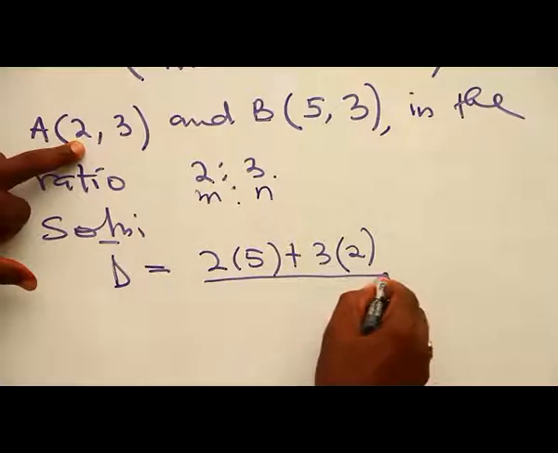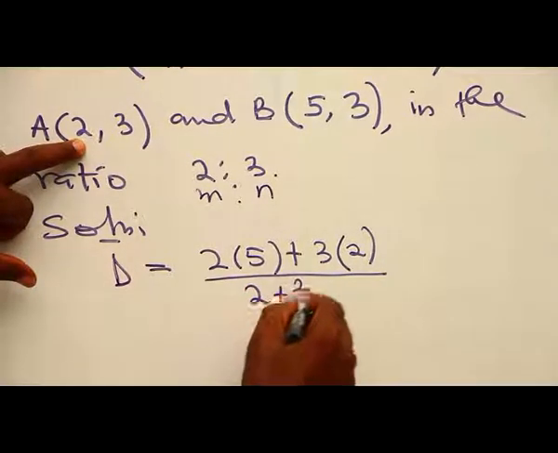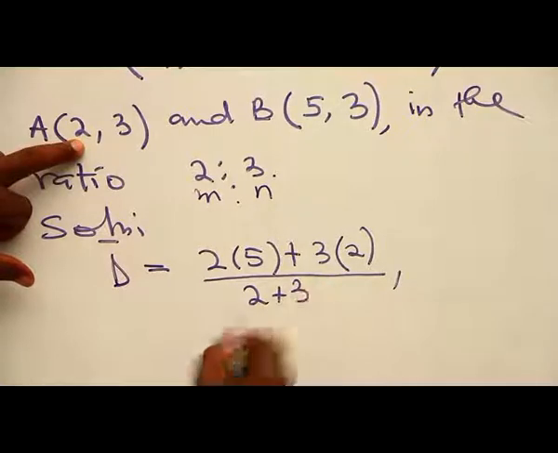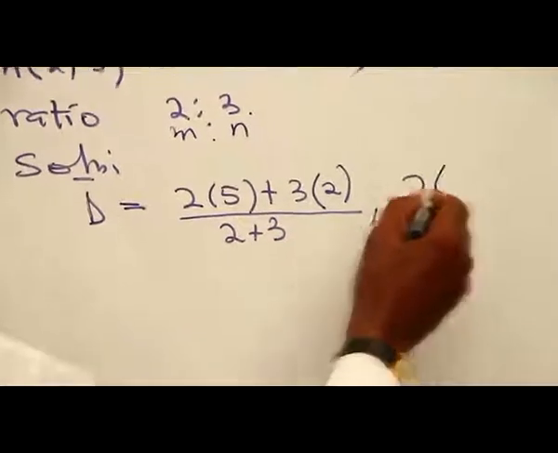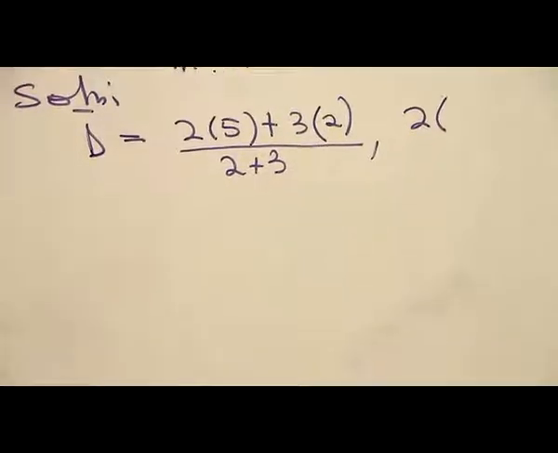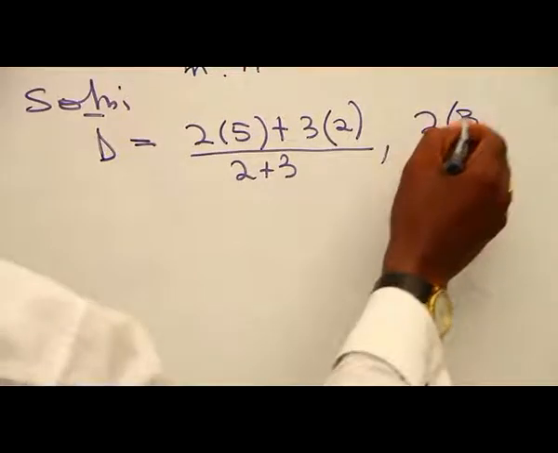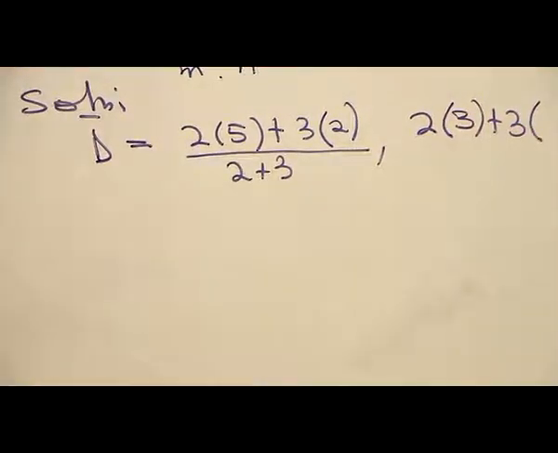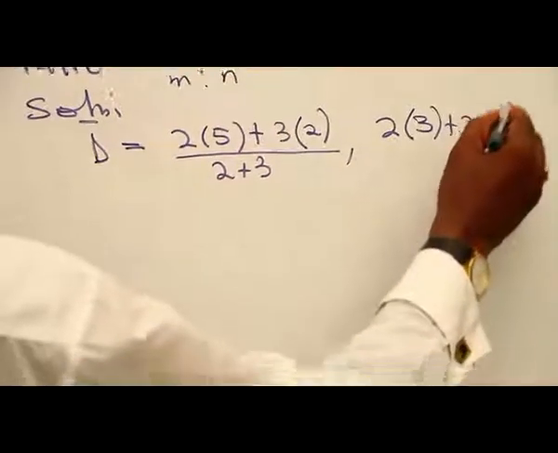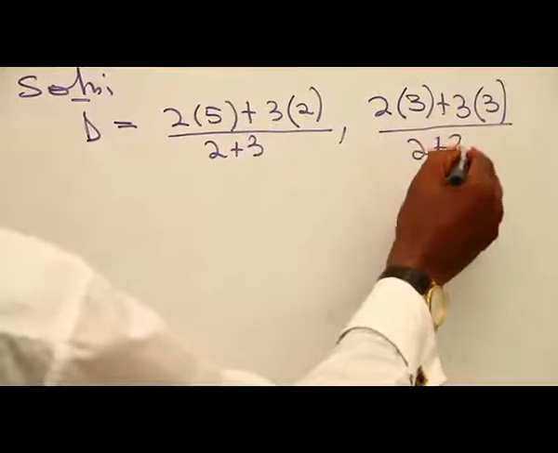Everything will be divided by the sum of the ratio, which is 2 plus 3, comma, then your m again, which is 2, into your y2, which is 3, and then plus n, which is 3, into your y1, which is 3. Everything again all over 2 plus 3.